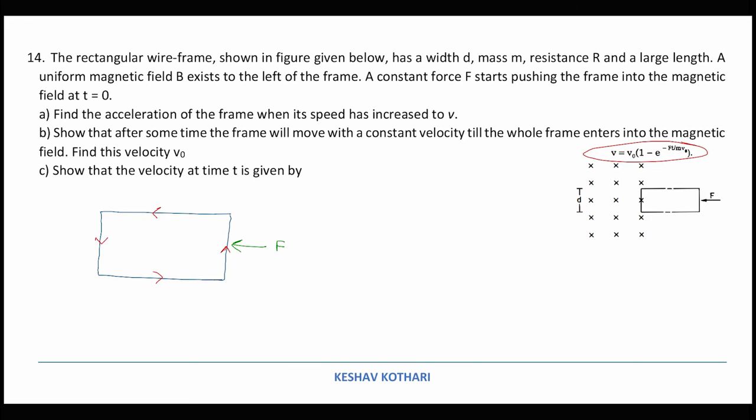And the cause of EMF will be because of this length segment. So we are understanding by drawing a circuit equivalent to this in this fashion, such that the entire rectangular loop is offering a resistance R.